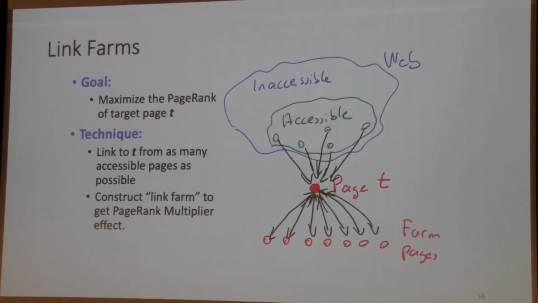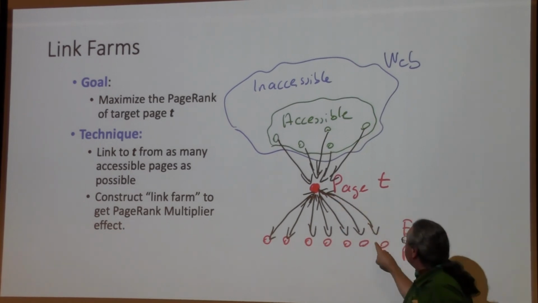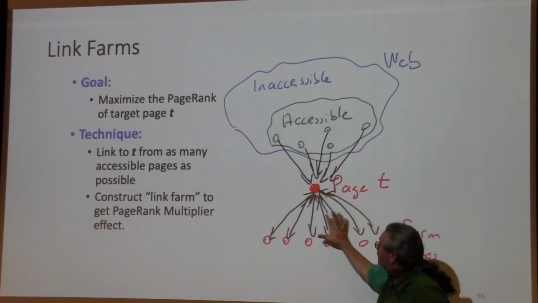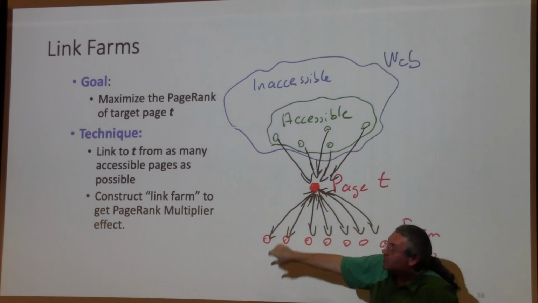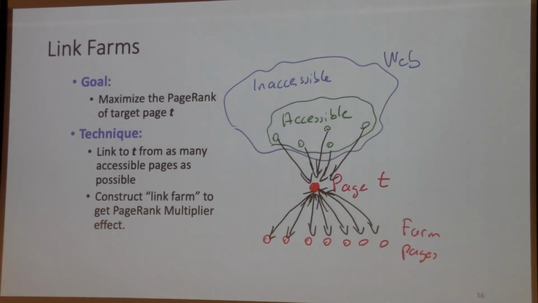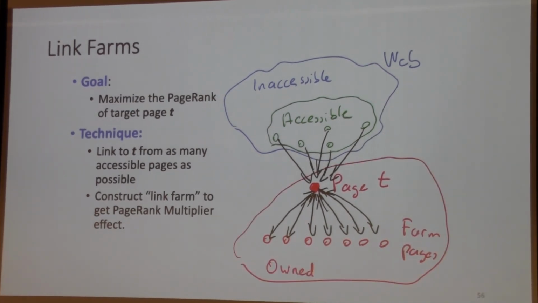So page T links to the farm pages, and the farm pages link back to T. These are mine. Now, what happens? All the red ones are owned by me, okay? So now let's compute what the PageRank is here, okay?